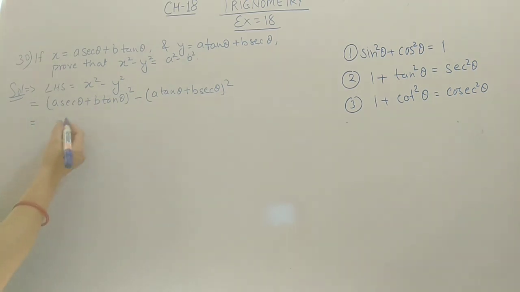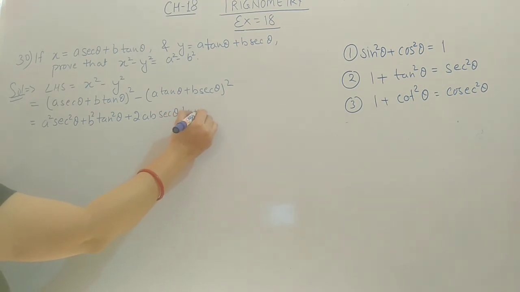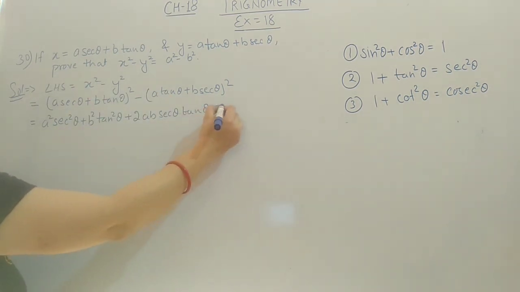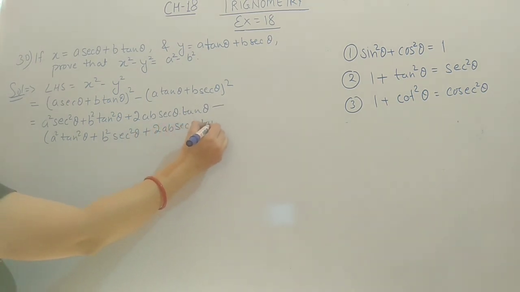So if we directly expand, we will get a square sec square theta plus b square tan square theta plus 2ab sec theta tan theta. And the second bracket, if we expand, we will get a square tan square theta plus b square sec square theta plus 2ab sec theta tan theta.